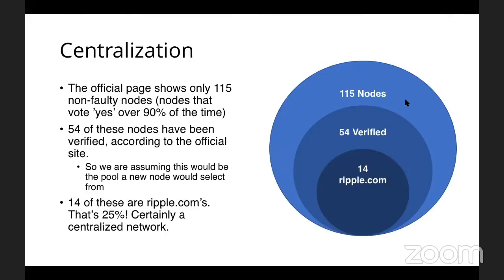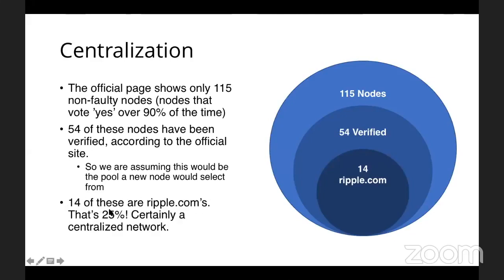And then within this set of 115, we have 54 of these nodes that have been verified according to the official site. So these are nodes registered by the Ripple site, but not necessarily owned by the Ripple site. So we have 54 verified nodes that I would feel comfortable spinning up a node and putting my unique node list on. And within that 54 verified, we see 14 of these nodes are Ripple.coms.